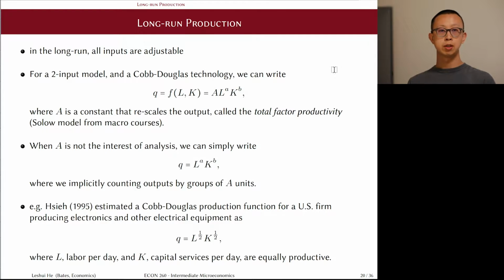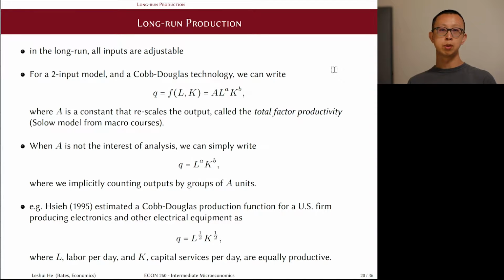For example, Xie 1995 models the output of a US electronics firm as a Cobb-Douglas function and estimated the parameters little a and little b using data. He found that in this context, little a and little b are both approximately 1/2, which means both inputs contribute to the outputs at about the same rate, so they're equally productive.